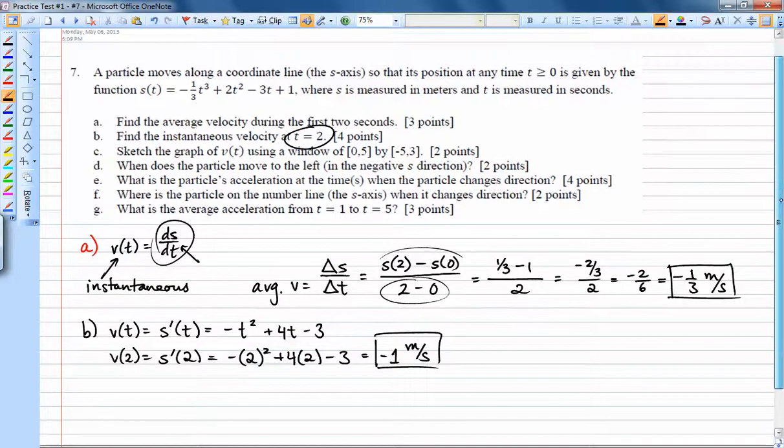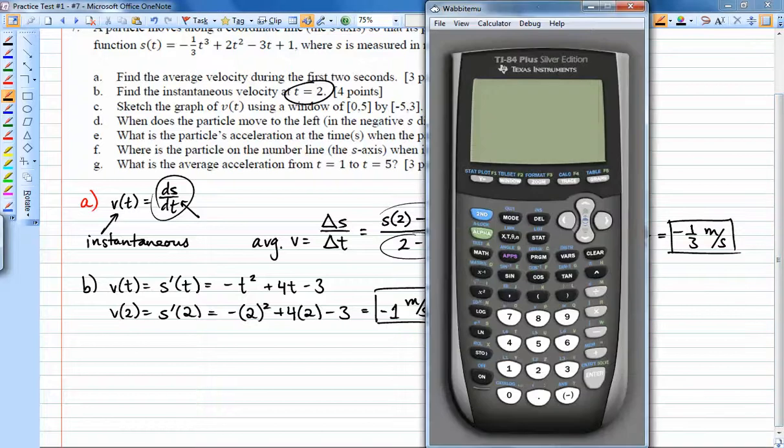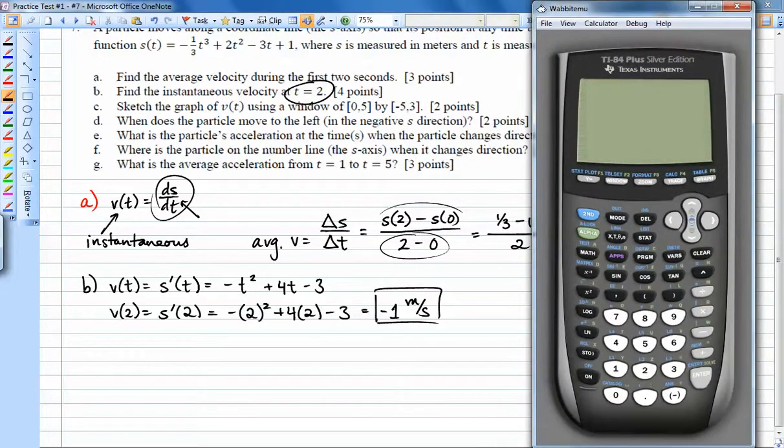Part C says sketch a graph of v, and it gives you the window to use. So let me pull up the calculator here, and I'm going to clear all this stuff out. We need to sketch v. v is the derivative of s, which we found, negative t squared plus 4t minus 3, and so I can graph that.